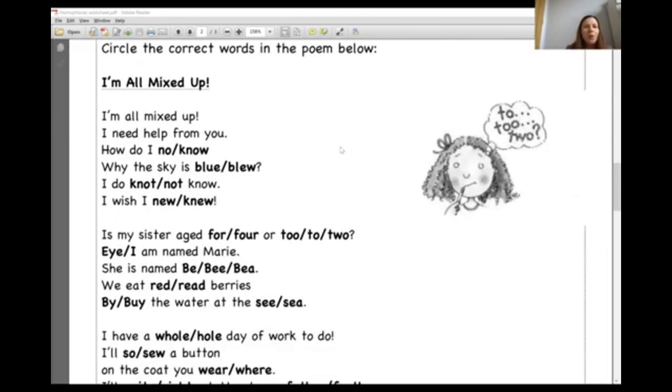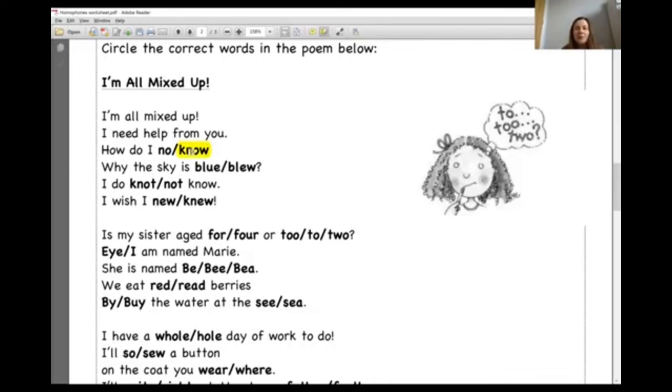So I'm all mixed up. I need help for you. How do you know? So which one of these words is the correct spelling? Yeah, of course. Do you know? So know is no, and know is I know. So it's definitely no. Why the sky is blue?